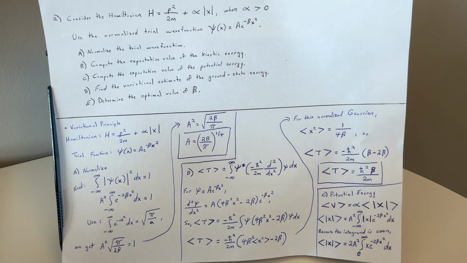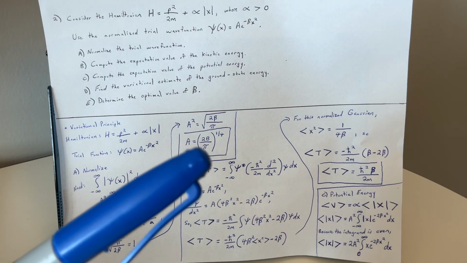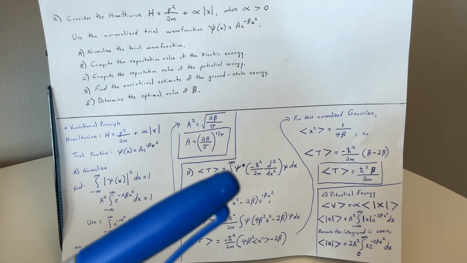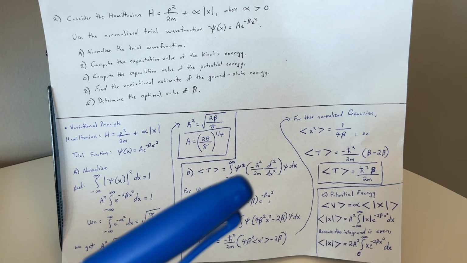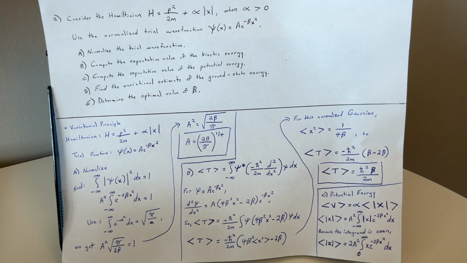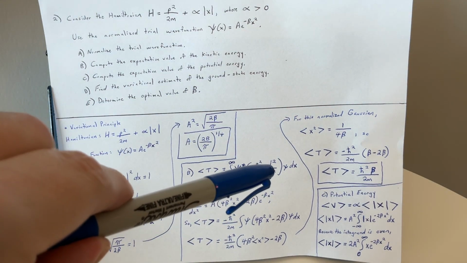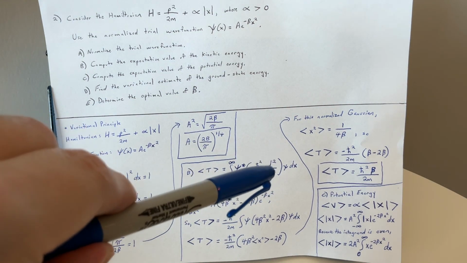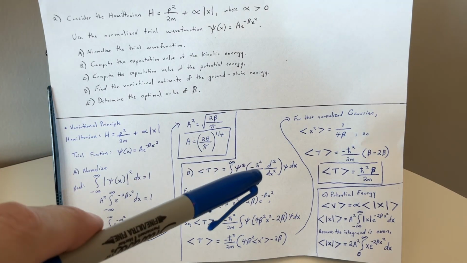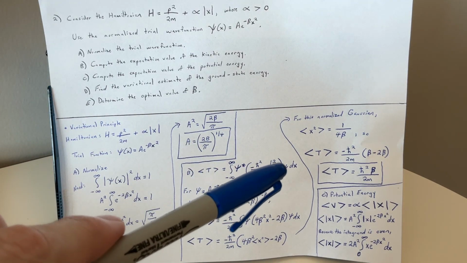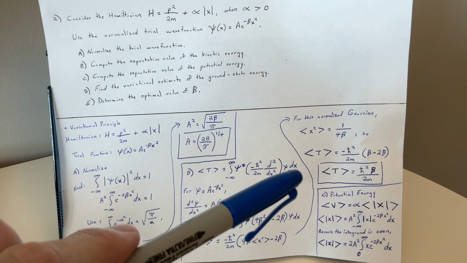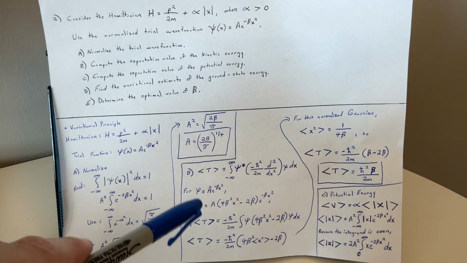That's going to be equal to the integral from negative infinity to infinity of psi asterisk times the quantity negative h bar squared over 2m times d squared over dx squared, times psi, dx. We have a second derivative here, right?